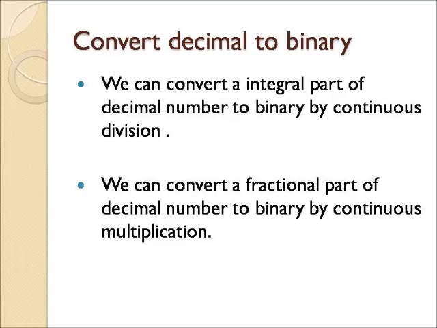Okay, first we are going to see decimal to binary. Suppose a decimal number is given, how do we convert that into binary? We can convert the integral part of the decimal to binary by continuous division, and we can convert the fractional part of the decimal number to binary by continuous multiplication.